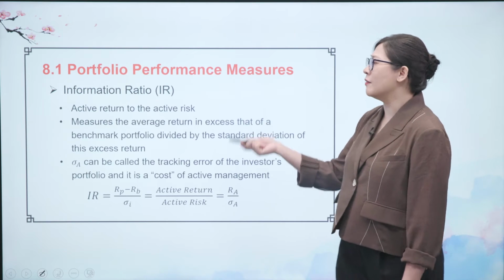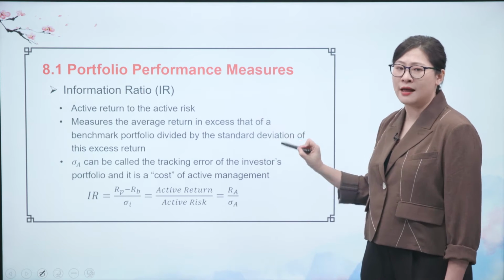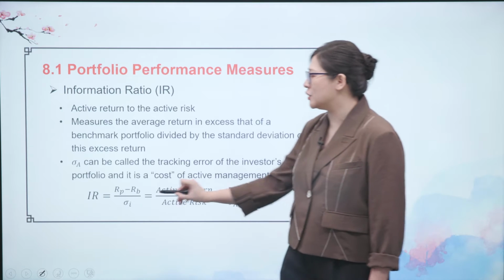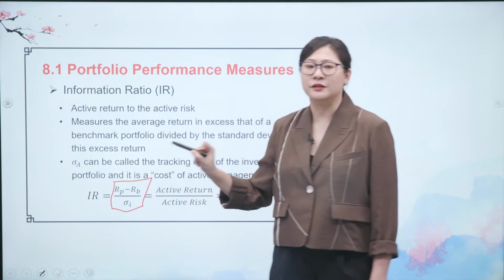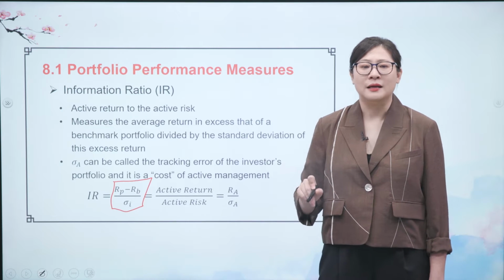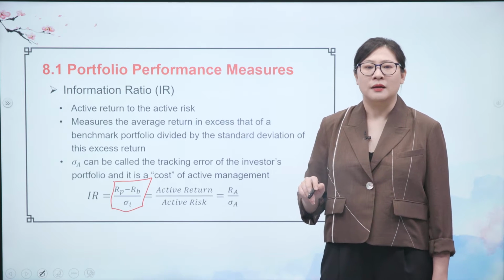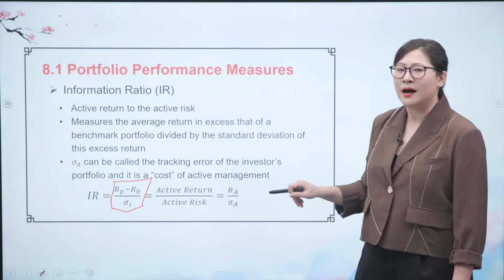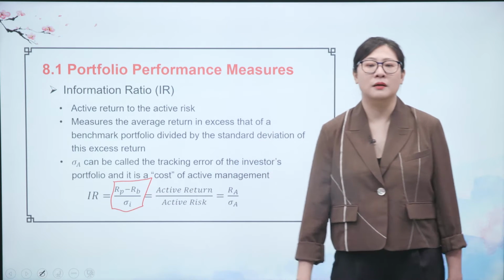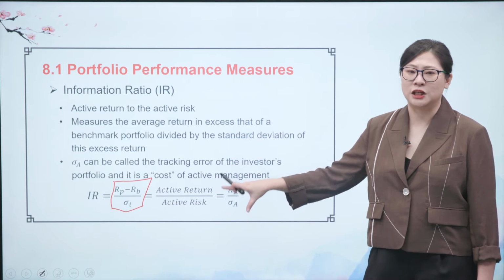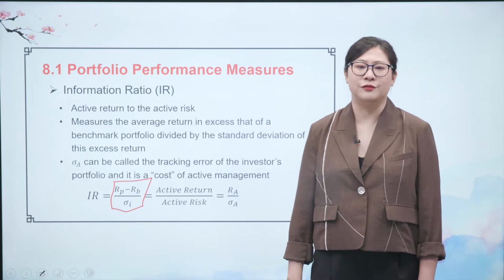Based on this, our information ratio is equal to Rp minus Rb divided by sigma A, and this sigma A is based on Rp minus Rb. So that's the active return over active risk.